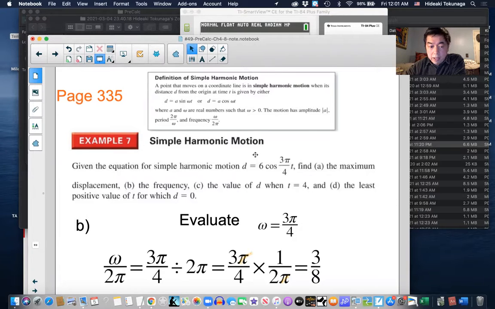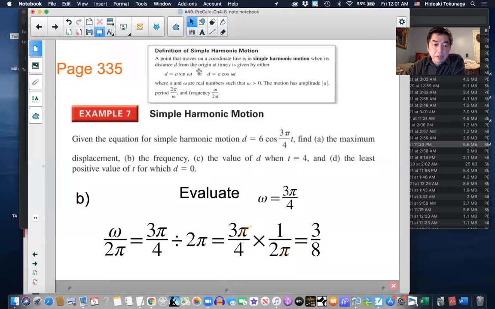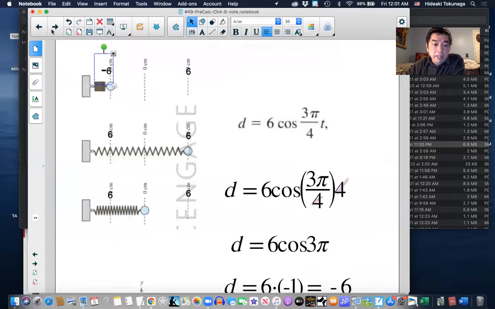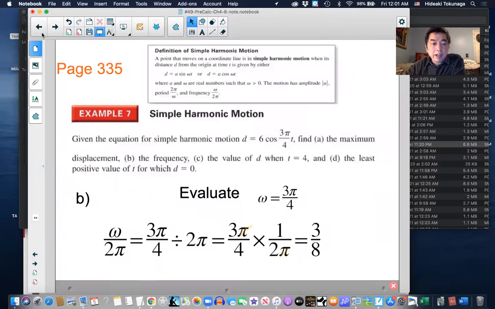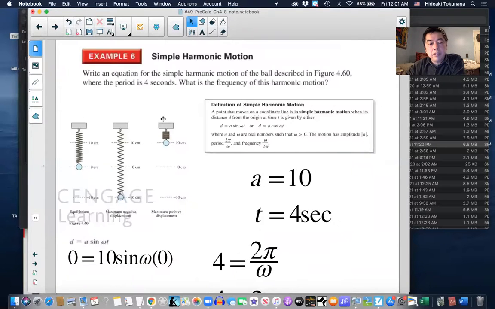And letter A, if you read this, the definition of the simple harmonic motion, it maybe came with a diagram here. The diagram at the beginning shows this way, right? And amplitude is from 0 to positive 10, which is when the spring is all the way out.